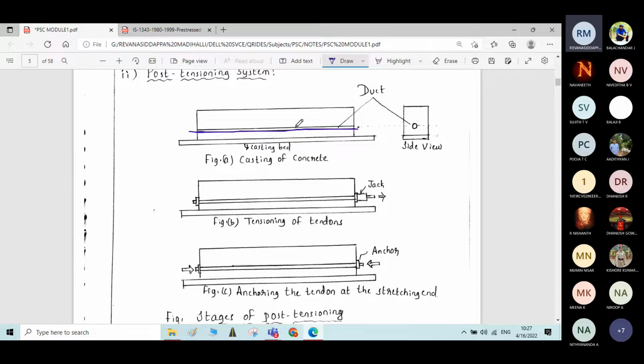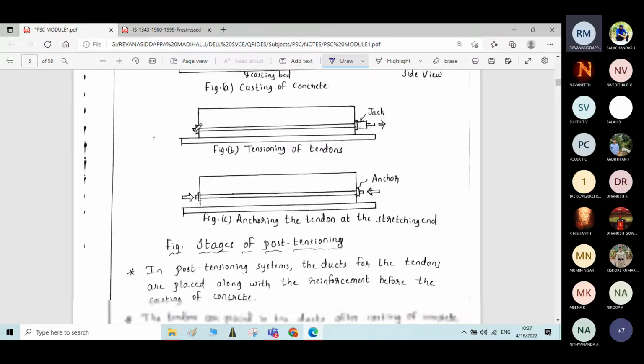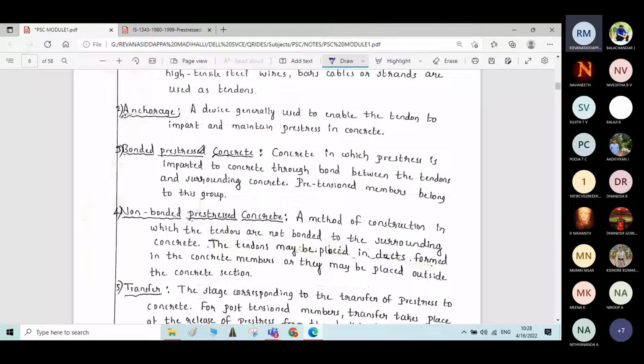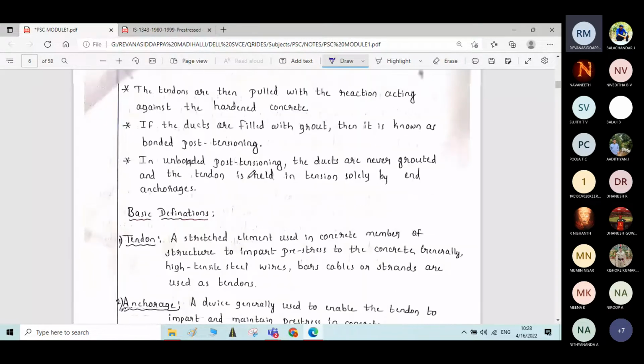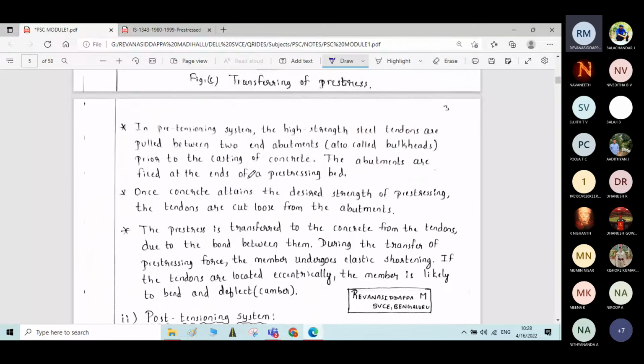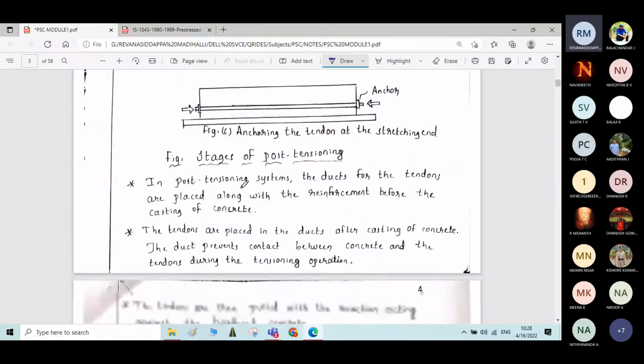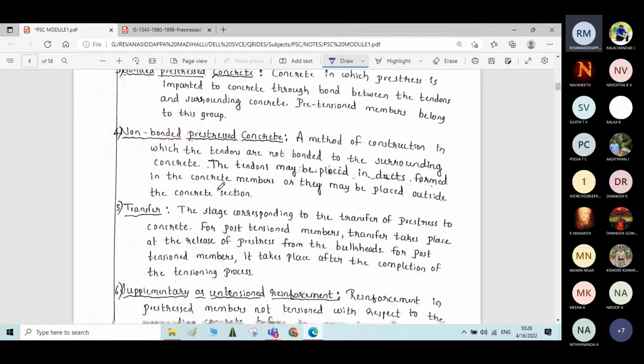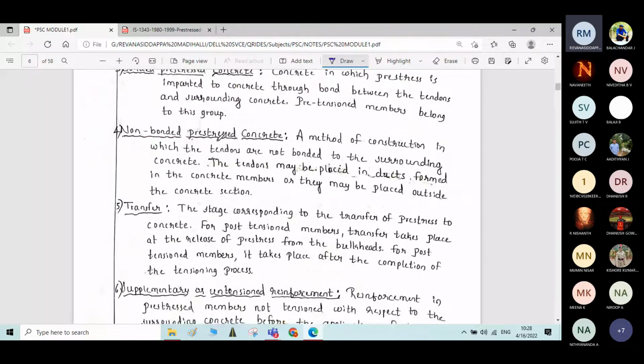But there is no contact between the surrounding concrete and the tendons, and the pre-stresses are introduced by properly anchoring at the edges. That is why it is called unbonded or non-bonded pre-stressed concrete. Bonded pre-stressed concrete comes in case of the pre-tensioning system. For the post-tensioned system, we get non-bonded pre-stressed concrete.